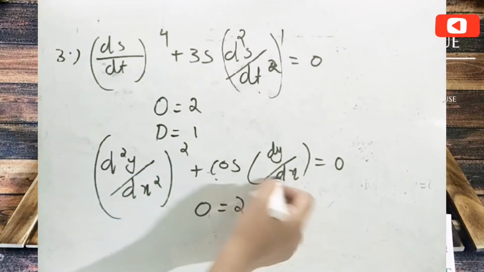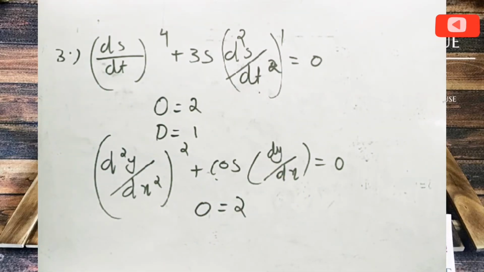Here we have cos, a trigonometric function, defined in terms of a derivative. So the degree is not defined for this differential equation because it is not a polynomial equation in derivatives.